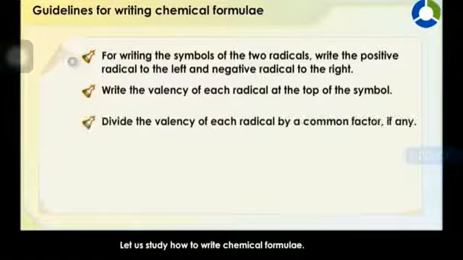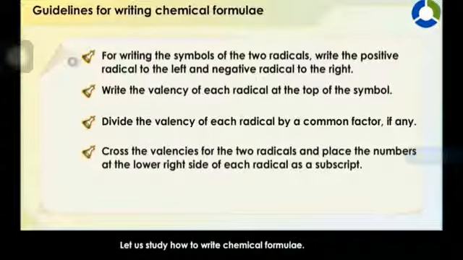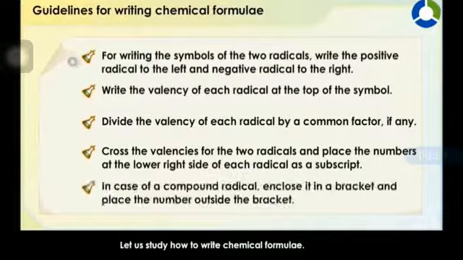Divide the valency of each radical by a common factor, if any. Cross the valencies for the two radicals and place the numbers at the lower right side of each radical as a subscript. In case of a compound radical, enclose it in a bracket and place the number outside the bracket.